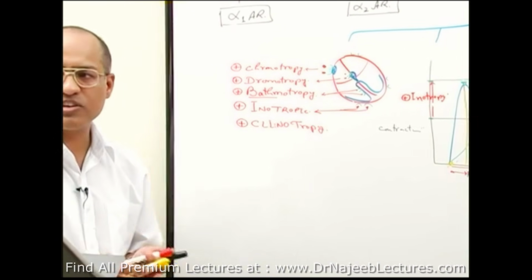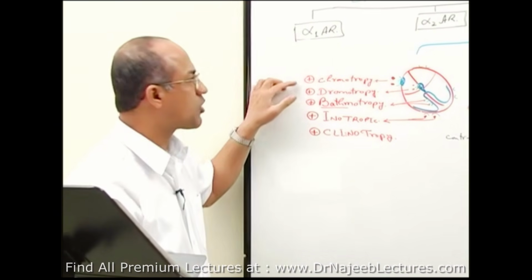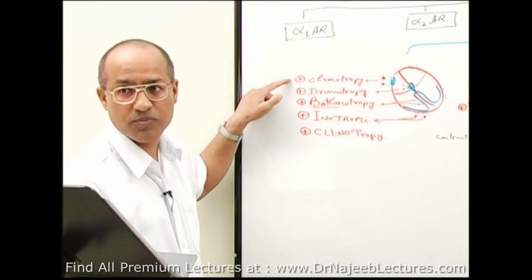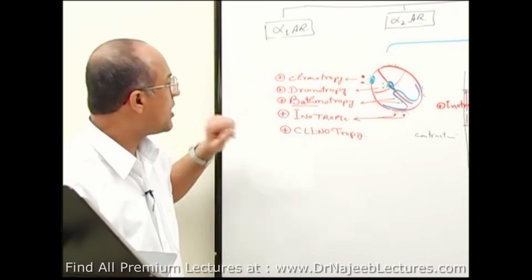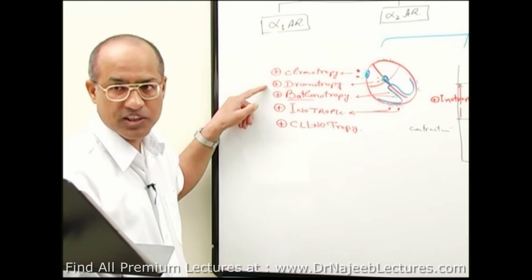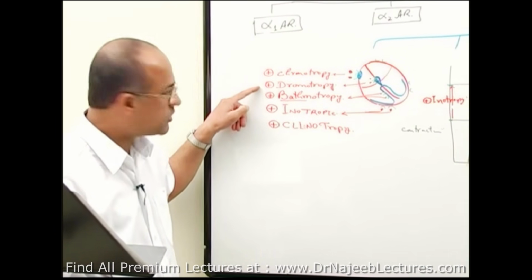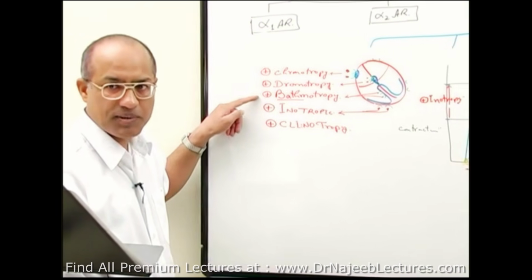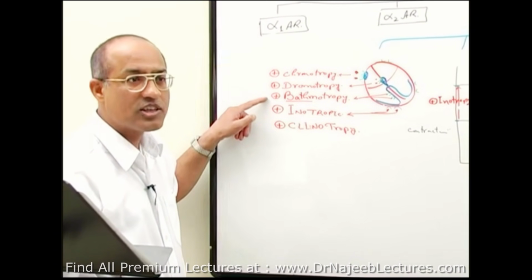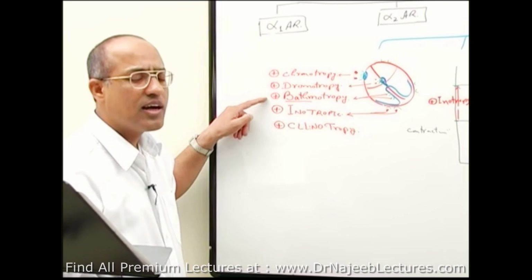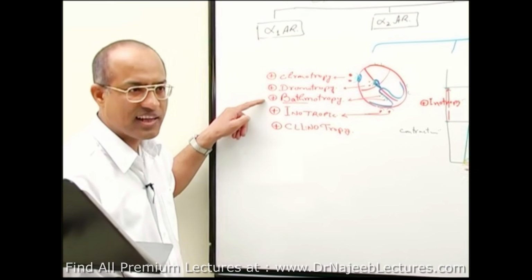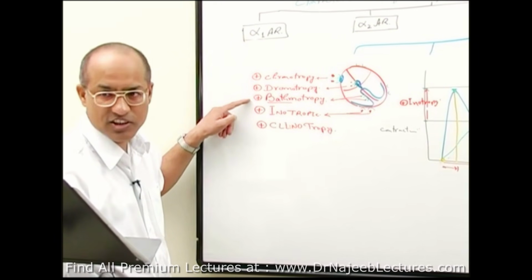So let me repeat it. If I say beta-1 stimulation produces positive chronotropy, it means it stimulates the SA node, the normal pacemaker activity. Positive dromotropy means increased conduction through the AV node. Positive bathmotropic means increased electrical excitability of myocardial cells, especially the specialized conduction system.